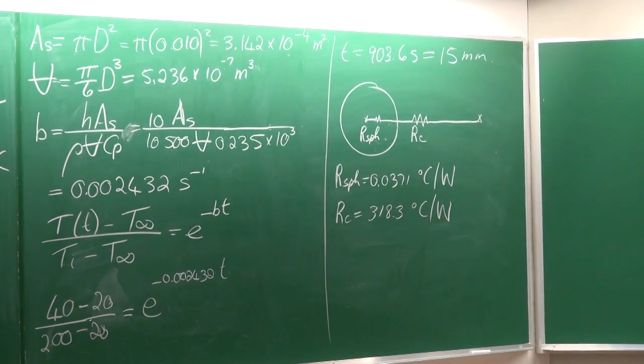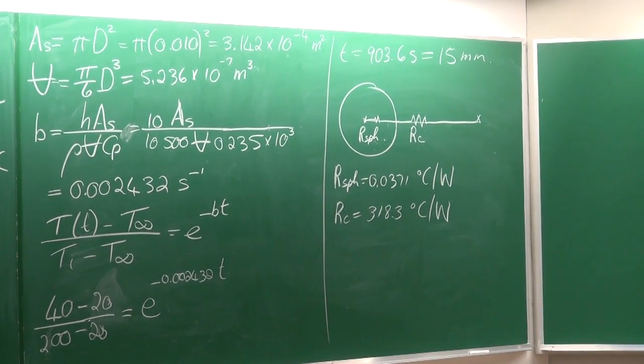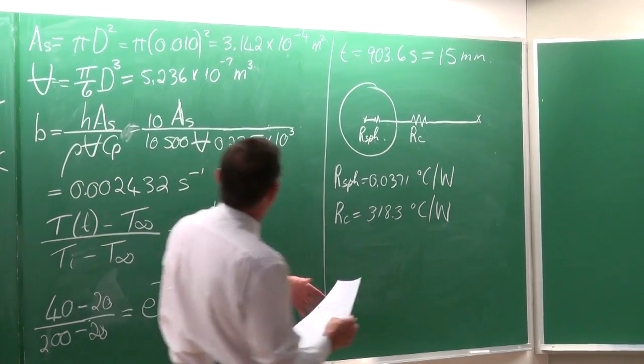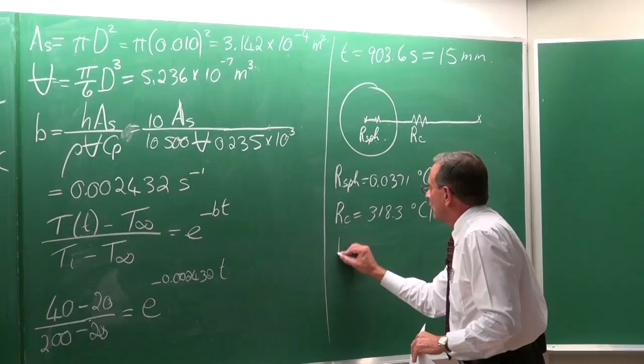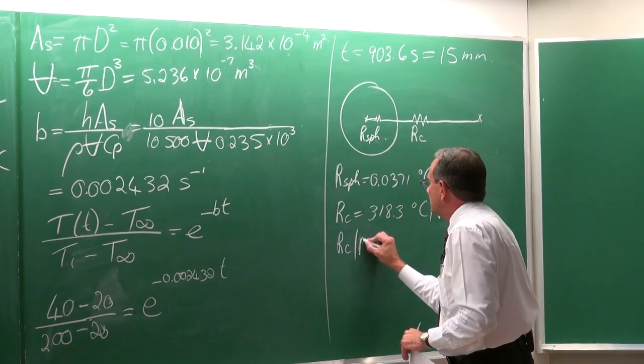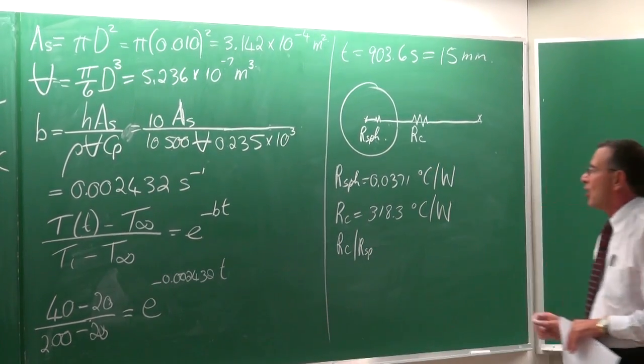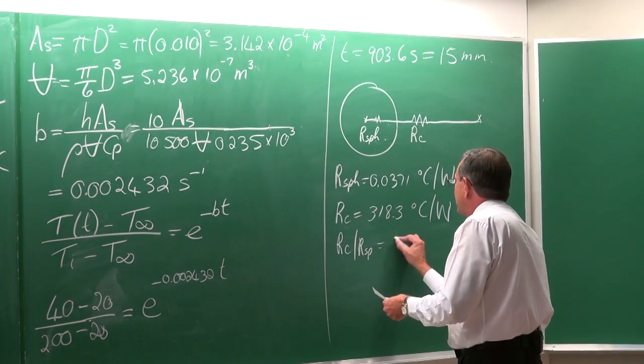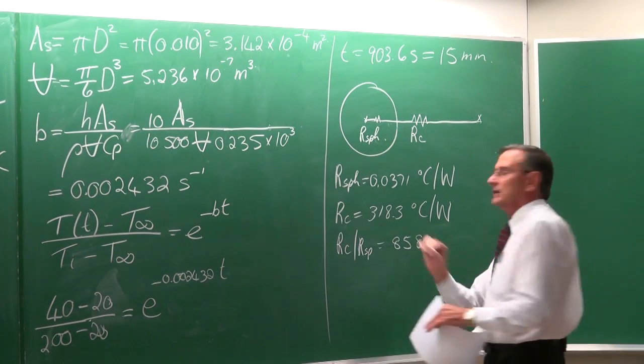So what is really going on here? What is going on is that this ratio of the convection resistance divided by the resistance of the sphere is equal to 8,580.